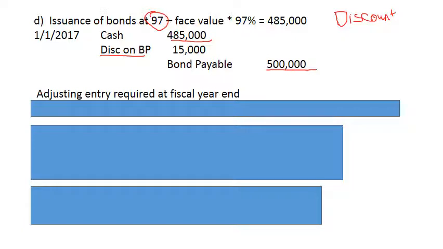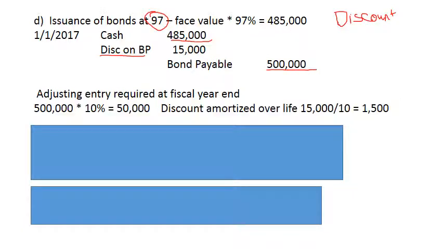So when we record the interest amount at the end of the fiscal year, we have to amortize that bond discount over the life of the bond, and we're going to do that straight line. So we have to amortize the discount at $1,500 a year.